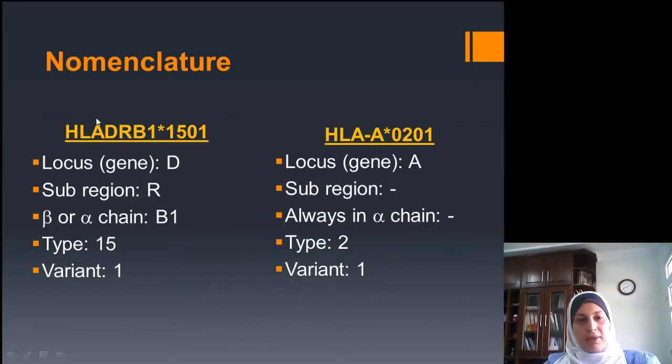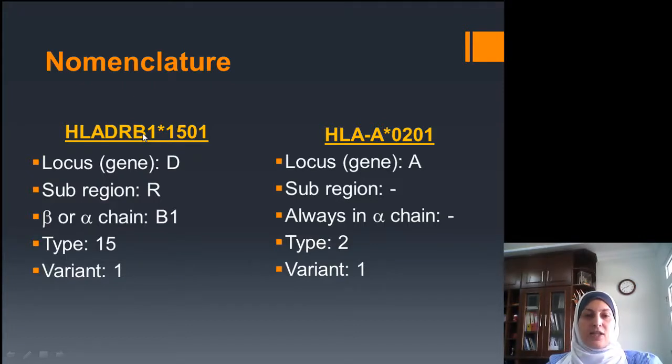You may have noticed the numbers that we mentioned earlier. So, for example, let's see this number here. HLA refers to the HLA molecule. D is the gene, R is the subregion, because we have DR, DP, DQ. When we say B, this refers to the beta chain.